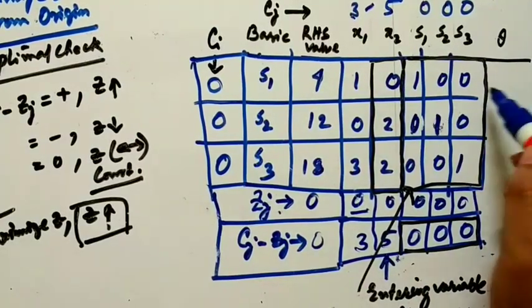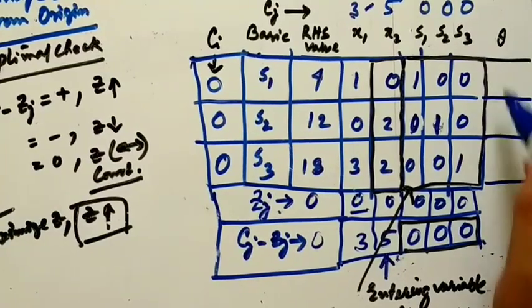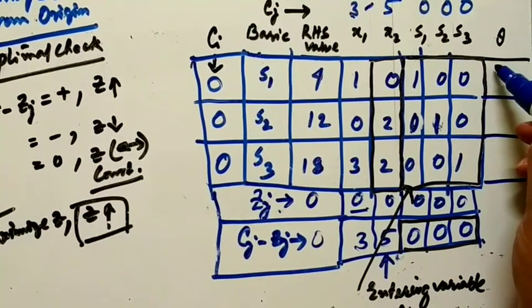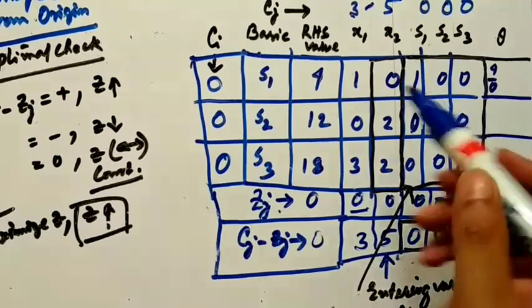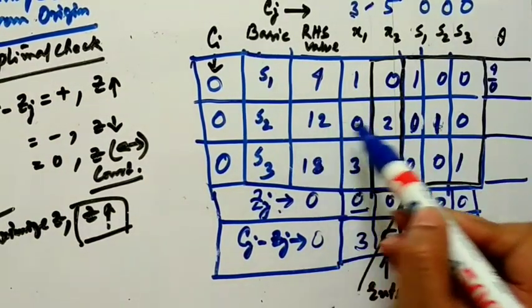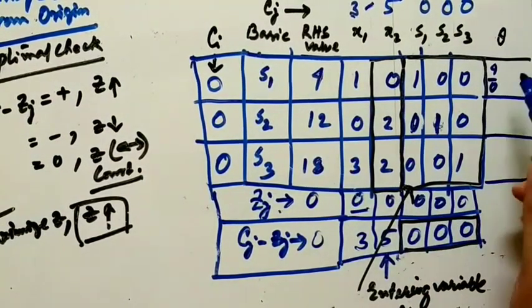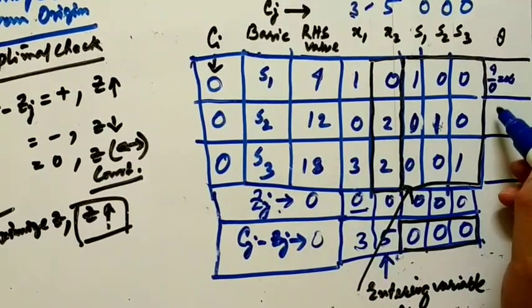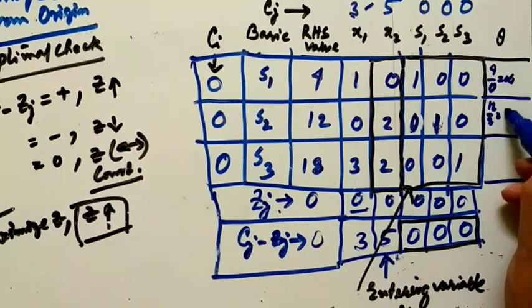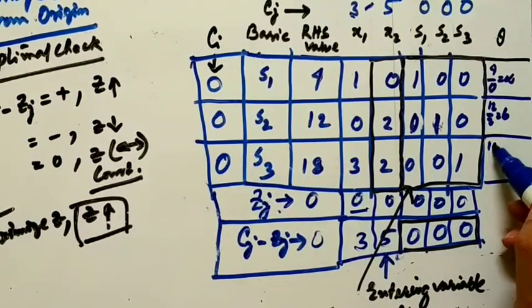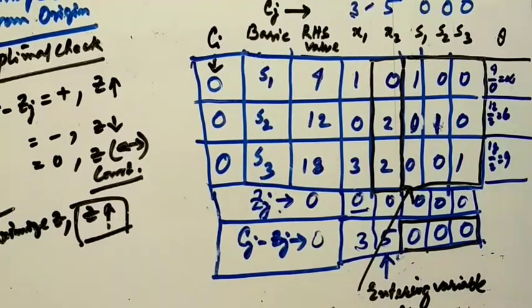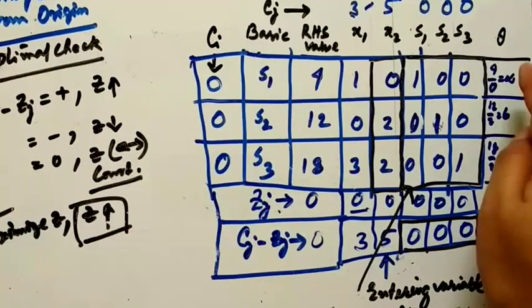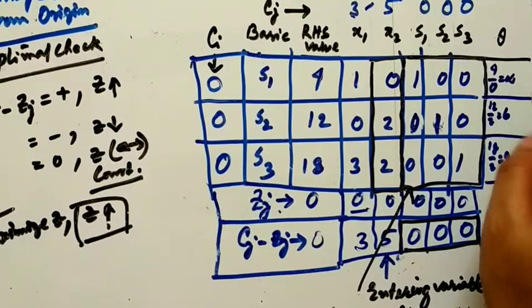So the value of theta for this row will be 4 by 0, then 12 by 2, and 18 by 2. 4 by 0 gives you infinity. 12 by 2 gives you 6. 18 by 2 gives you 9. Now from this theta or replacement ratio column, you have to find the least positive value.